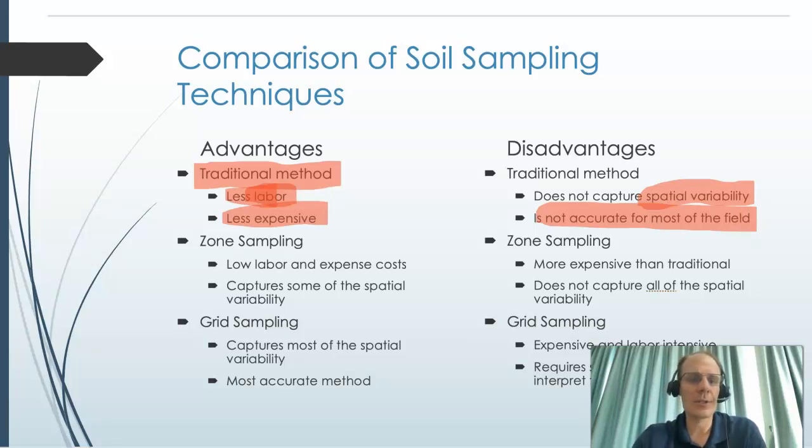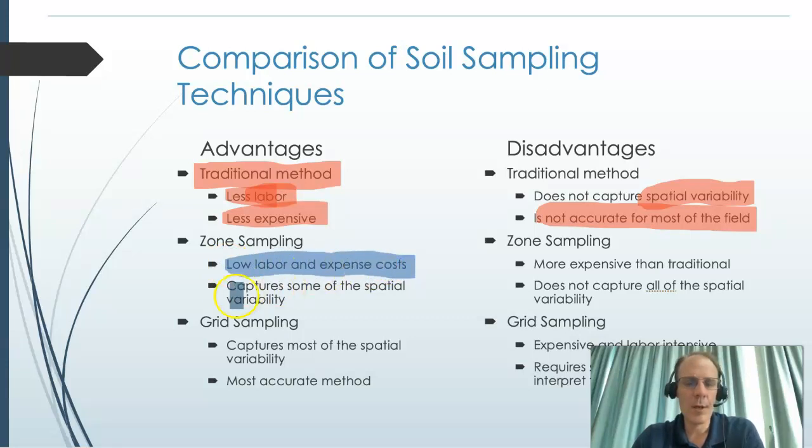In zone soil sampling, we do increase our labor costs as compared to the traditional method, but we only create approximately 4 or 5 additional soil samples. So in general, the cost is still low for both the labor and the expense.